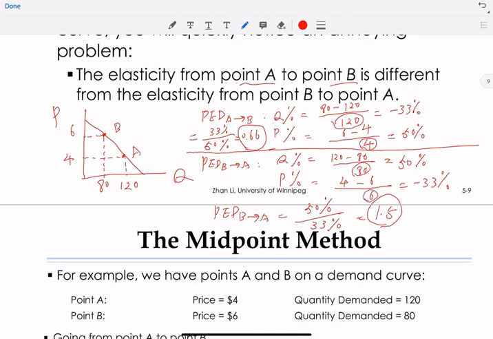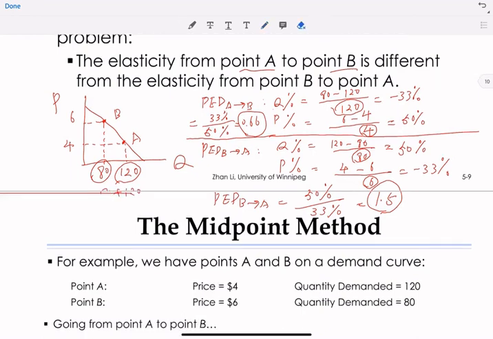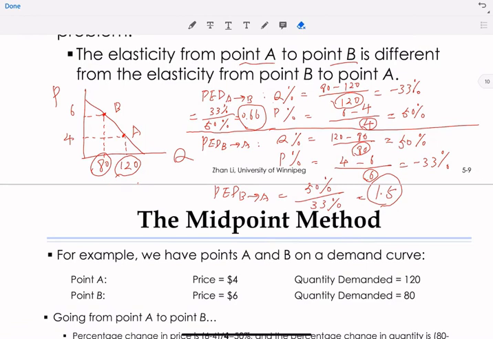These are the bases you're using when you're calculating percentage changes. So instead of using 120 as the base, we would like to use the middle point between 80 and 120. So what's the middle point between 80 and 120? Well, it's 80 plus 120 divided by 2, which is 100.